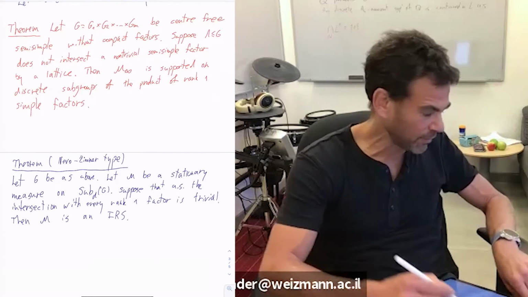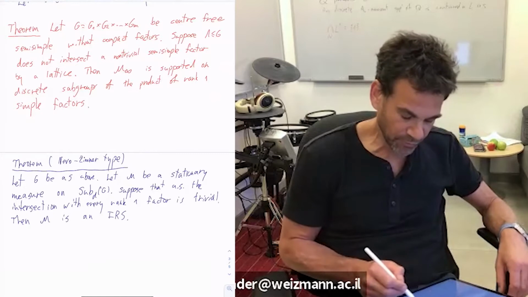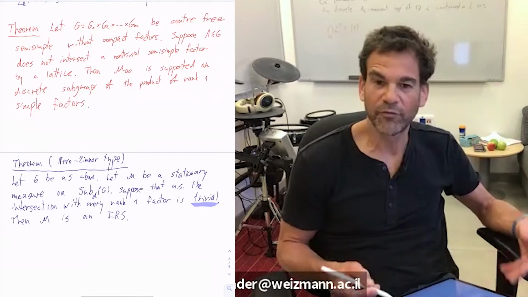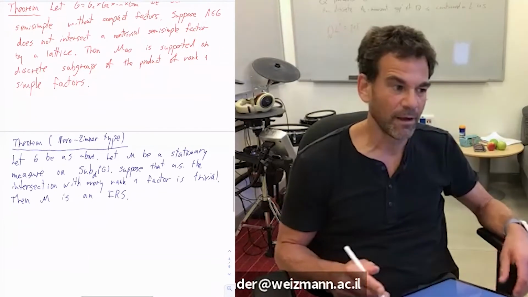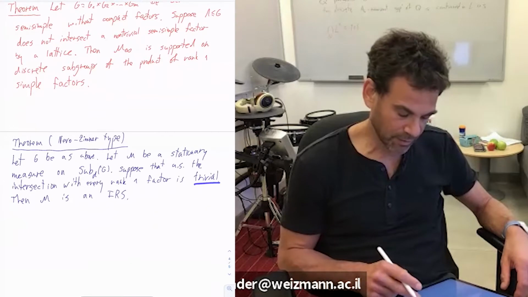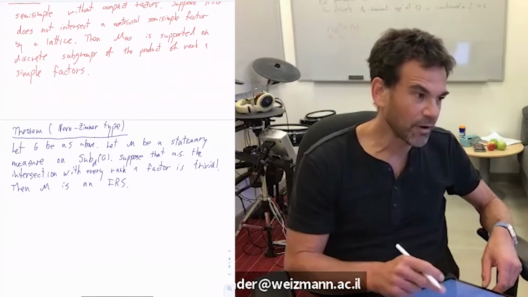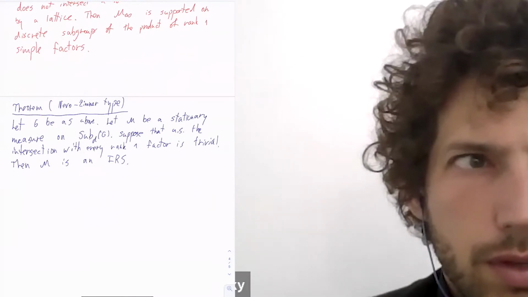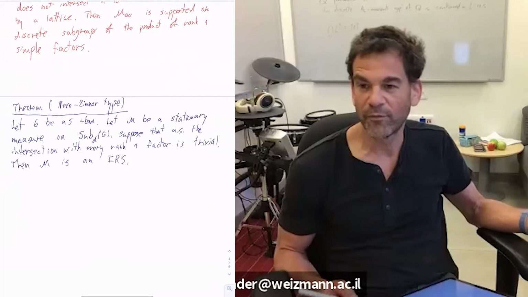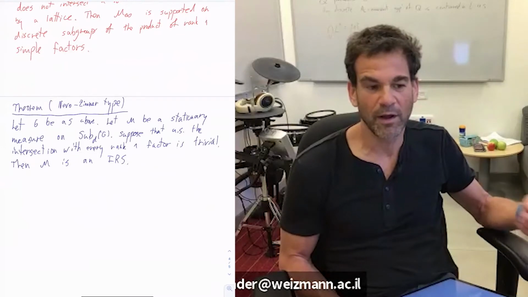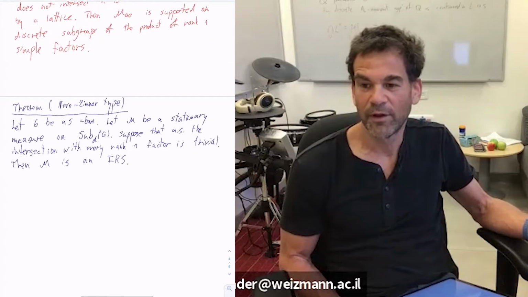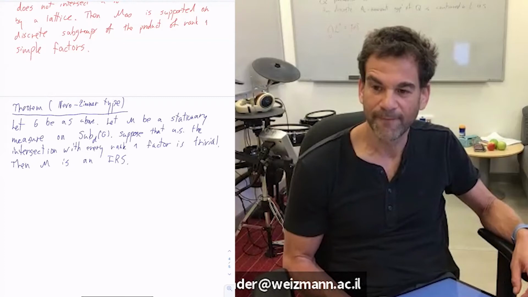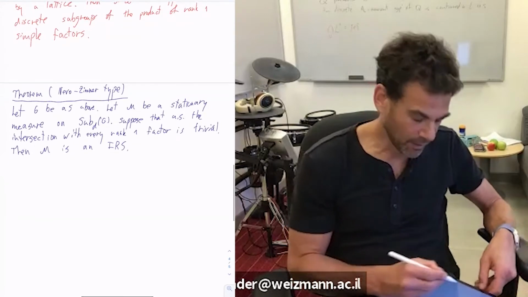You can state actually the same result with a weaker assumption. You don't need to assume that the intersection with each rank 1 factor is trivial. It's enough to assume that it's not Zariski dense, and you get the same result. And now, what do you mean by intersection? Intersection of what with the rank 1 factors? So you have a measure on the space of subgroups, so a random object there is a subgroup. So almost surely this subgroup intersects trivially every rank 1 factor. That's the assumption.